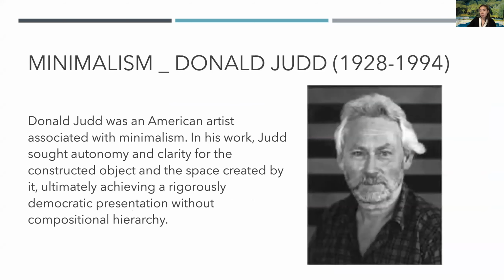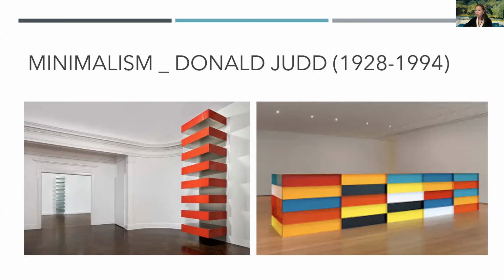So this is Donald Judd. Donald Judd was an American artist associated with minimalism. In his work, Judd sought autonomy and clarity for the constructed object and the space created by it. So this is his work.